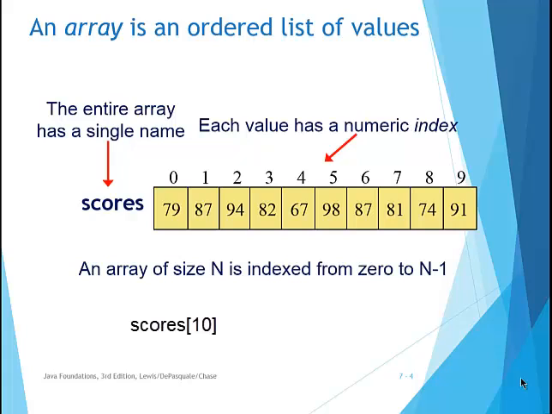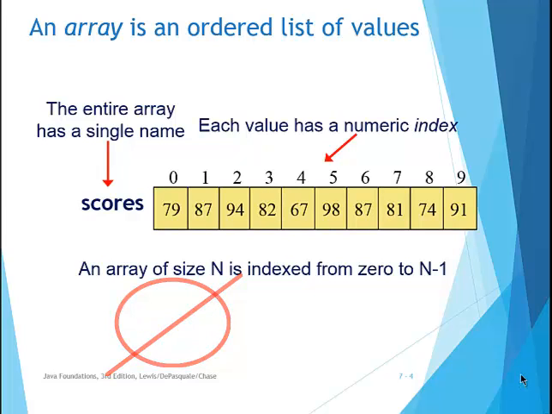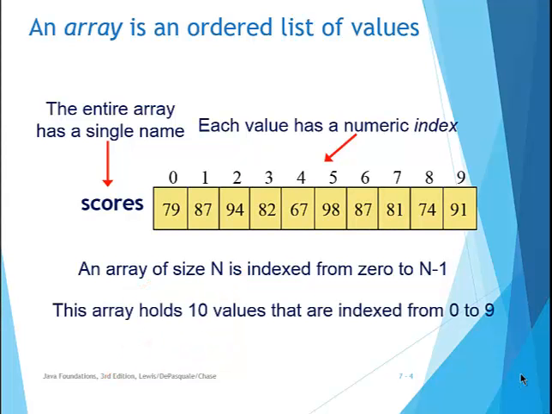And although there are 10 scores in the array, there is no scores sub-10. Commonly, the array size will be denoted by n, and always remember that the elements are therefore numbered from 0 to n-1 inside the array data structure. This makes them easy and efficient to process as they are stored sequentially in memory as a unit.